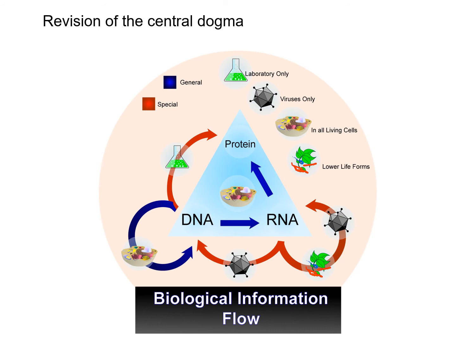Also, the RNA virus can generate DNA molecules out of their RNA genome, and they can replicate themselves, and eventually they make some proteins for their activities too. So let's talk much more about the RNAs from now on.